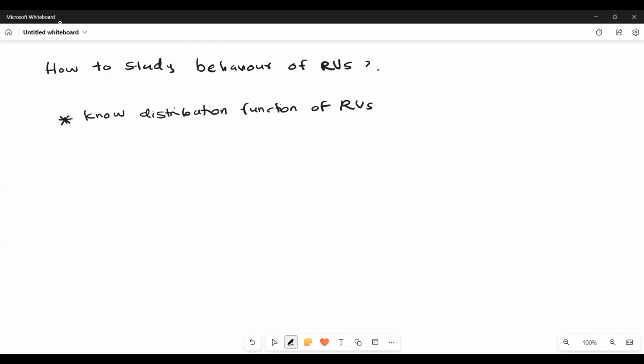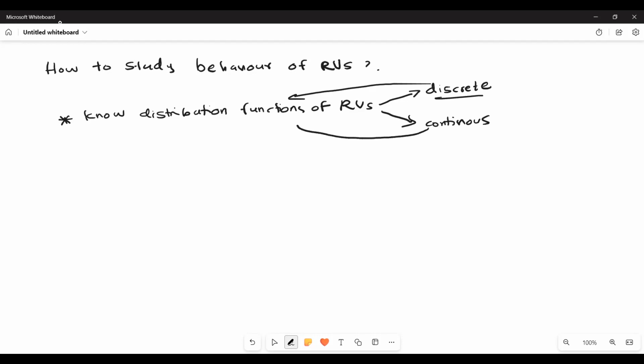The distribution functions of the random variables, we discussed under mainly two categories, right? Under discrete random variables, we have specific distribution functions, and under continuous random variables, we have another set of distribution functions, defined as the probability density functions.